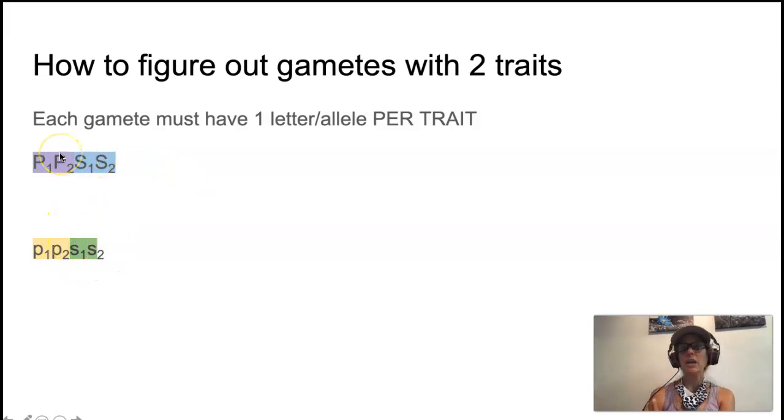So if I number the letters, that will help you see how I end up with the gametes that I do, because it's going to get more complicated when we get to the heterozygotes. So we have 2 different purple alleles, 2 different smooth alleles, 2 different yellow alleles, 2 different wrinkled alleles.